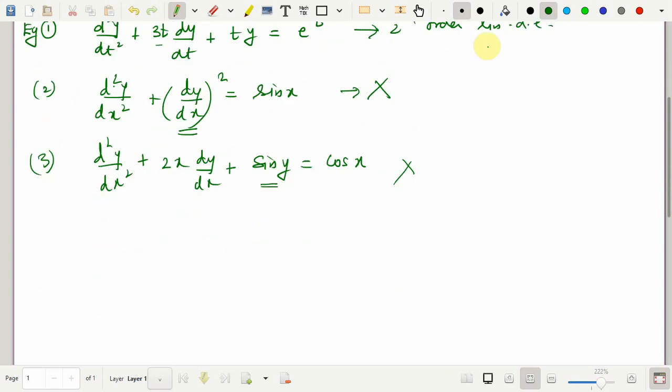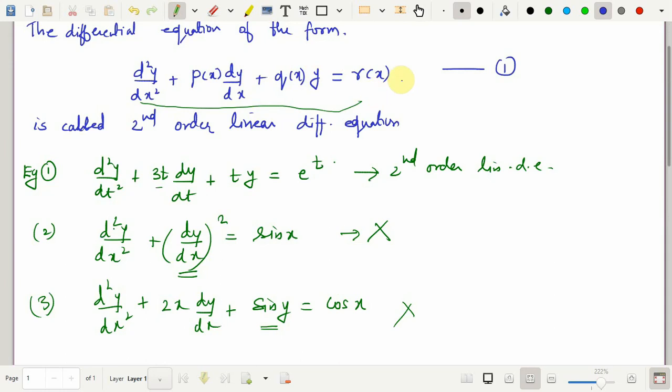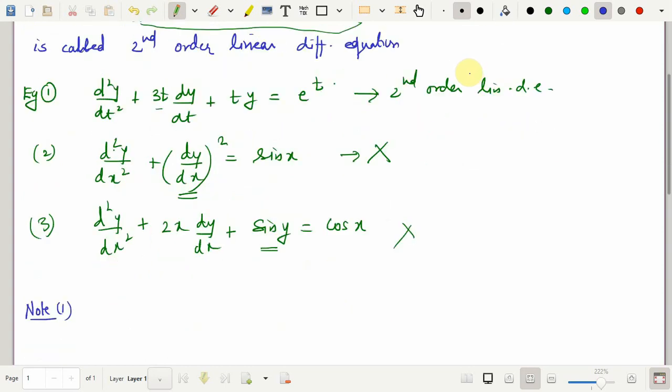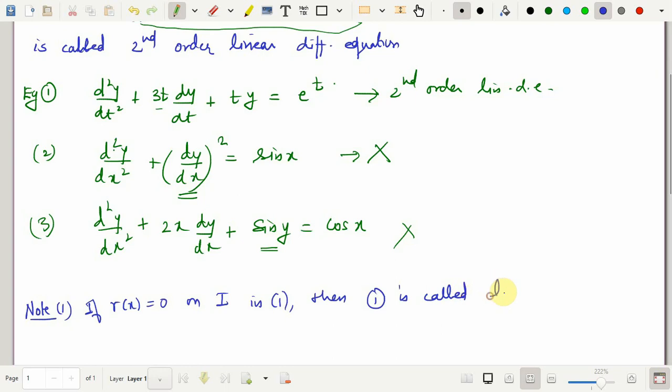Now, there are two notes which one can observe from this definition. The first note is that when r of x is identically equal to 0 on the interval on which this differential equation is defined, then the given equation is called a homogeneous equation. So, if r of x is equal to 0 on I in the given equation 1, then 1 is called homogeneous.